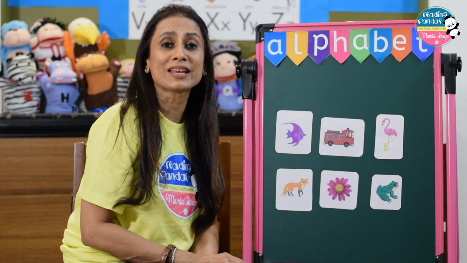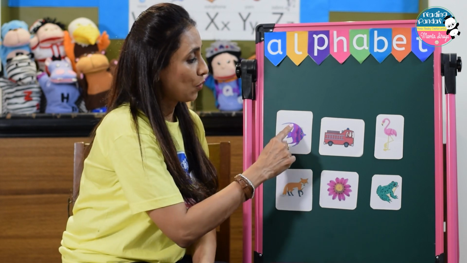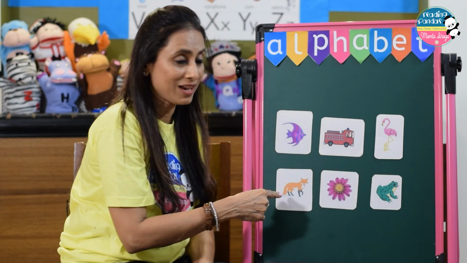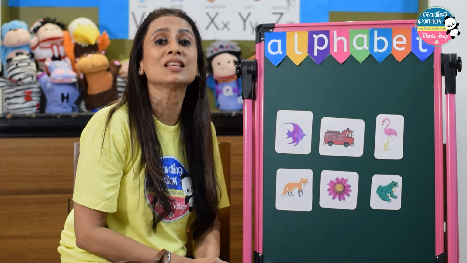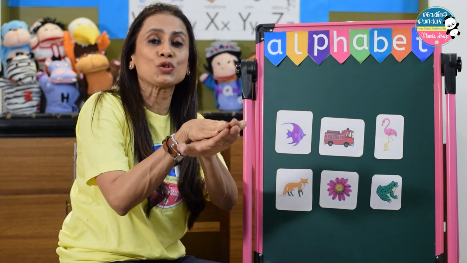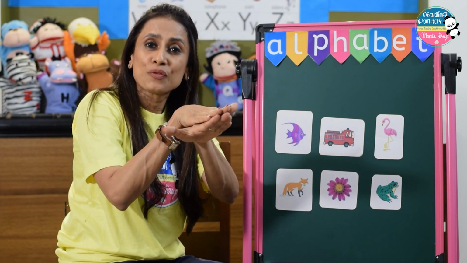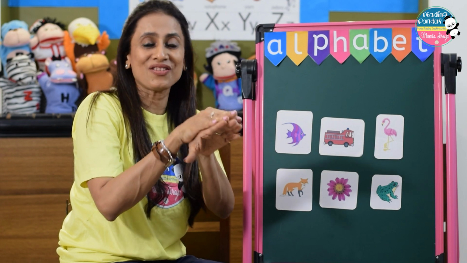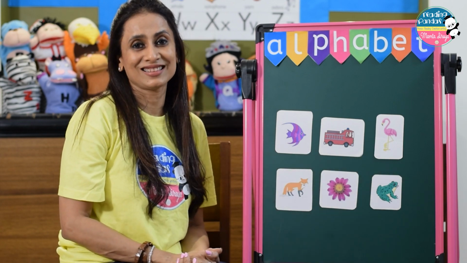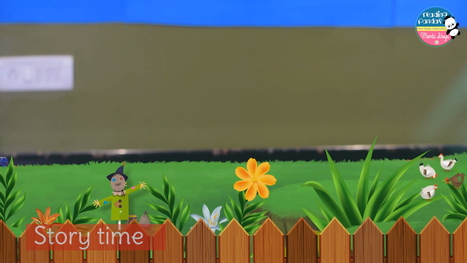Frog also begins with the sound f. Yes, they all are letter F friends and they all begin with the sound f. And I want everyone to show me a fish again. Correct. Very good. And now it's story time with Fanny the farmer.